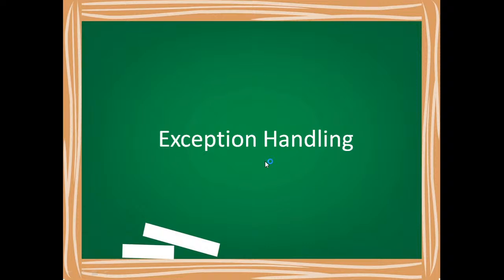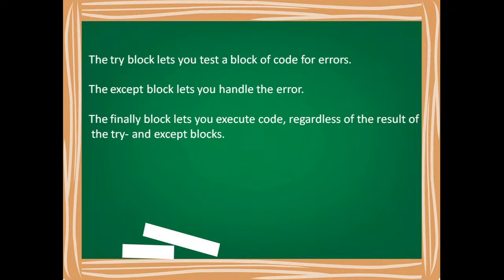We have three types of blocks to handle the exceptions that we get at runtime. The first is the try block. The try block lets you test a block of code for errors. If you think the code that you have written will have errors, you can keep that code in a try block.